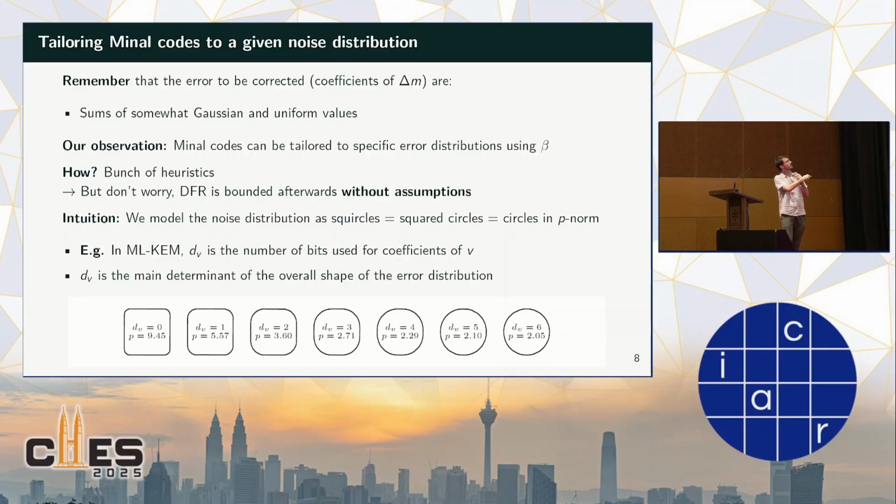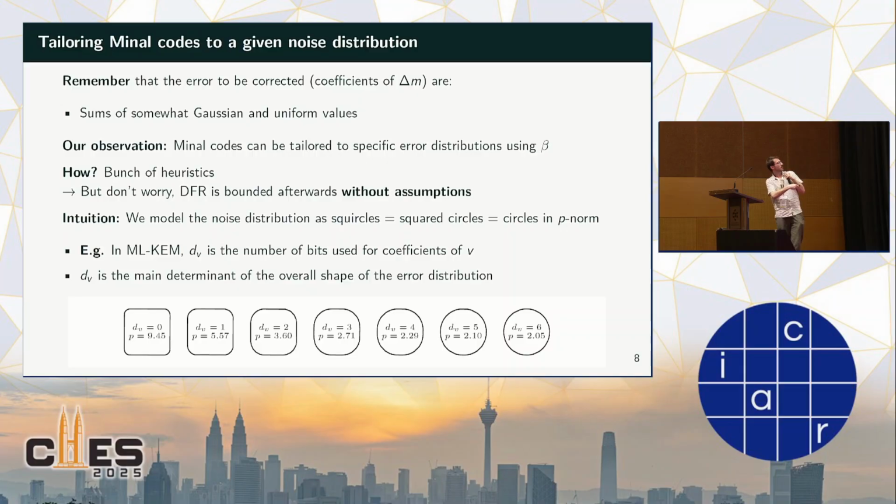The intuition is that we model the noise distribution as squircles, or squared circles, which are circles in the p-norm, so that we can capture the amount of the noise that is circular, or Gaussian, and the amount that is square. In ML-KEM, the parameter mostly responsible for the overall shape of the distribution is dV, which is the number of bits used for compressing coefficients of V. You can see how dV affects the distribution here.